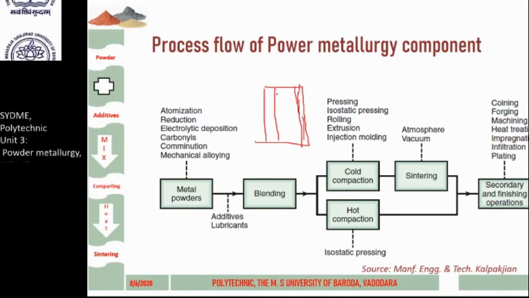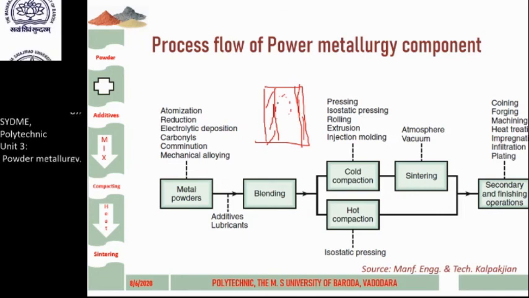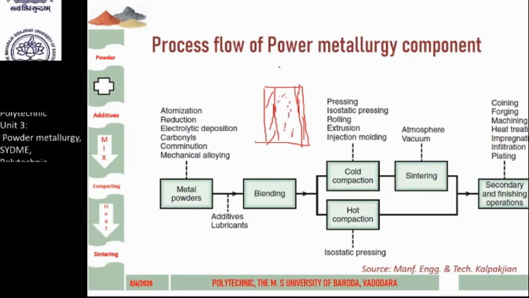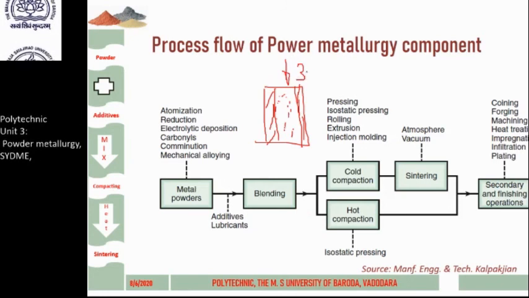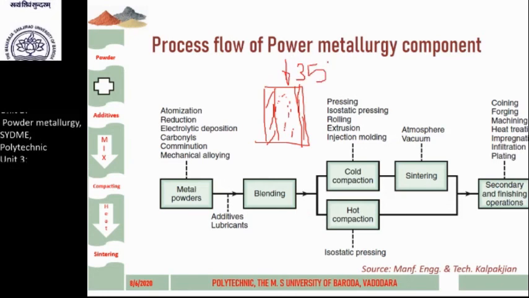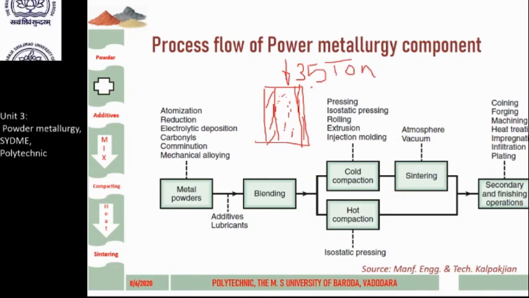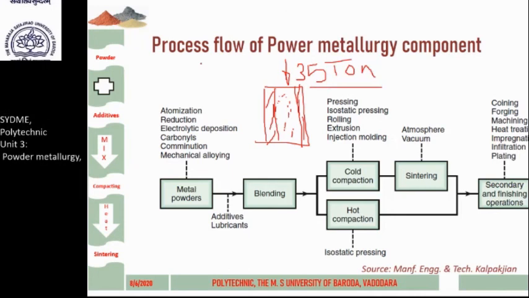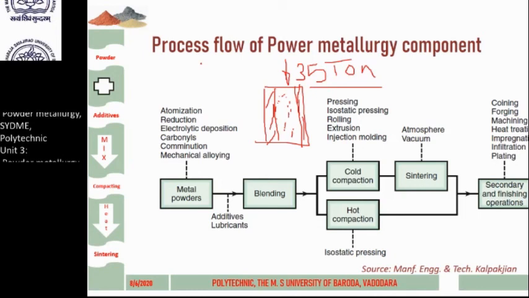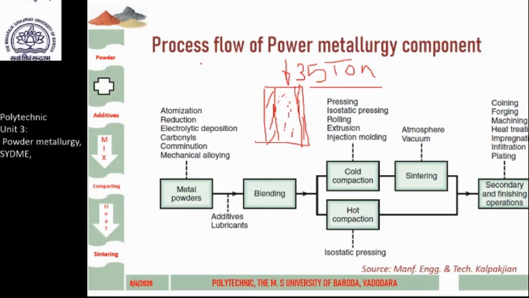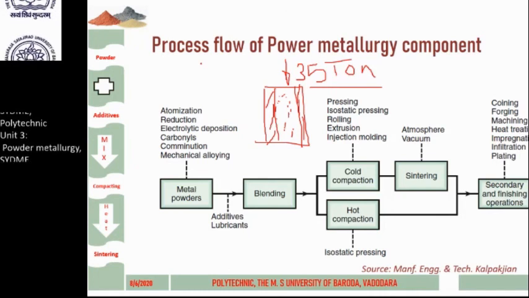Then the powder will be filled in over here, and a large amount of force, approximately 25 to 30 tons or more, is applied. This depends again on the application where you are using these things. So this is what we do with this particular process of compacting.